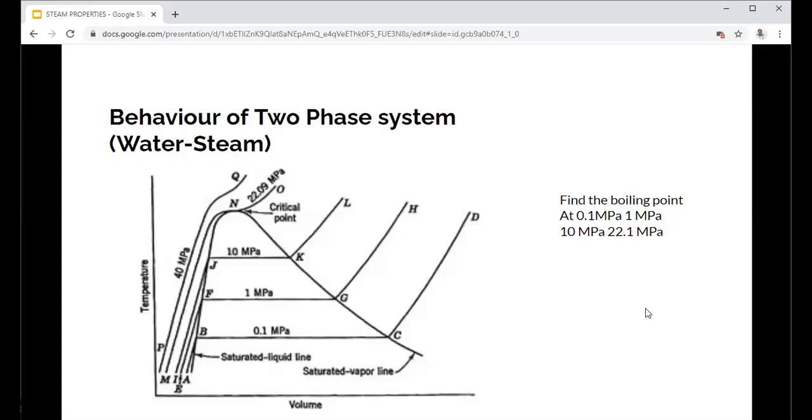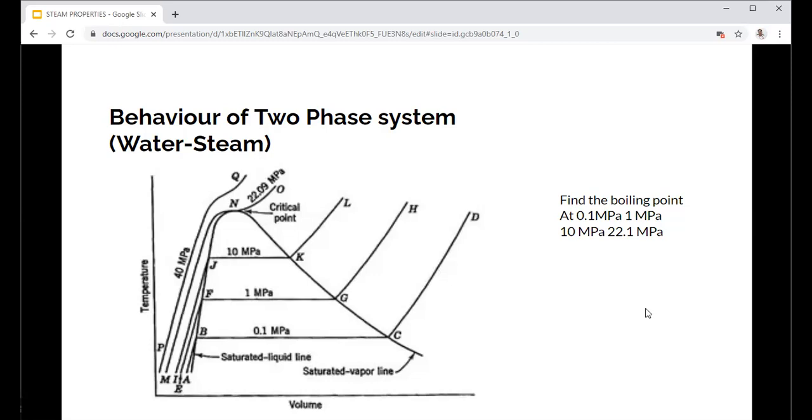Okay, so if the steam is wet, then we need to use the expressions Hf plus x Hfg, Vf plus x Vfg, and Sf plus x Sfg for finding the corresponding enthalpy, specific volume, and specific entropy.